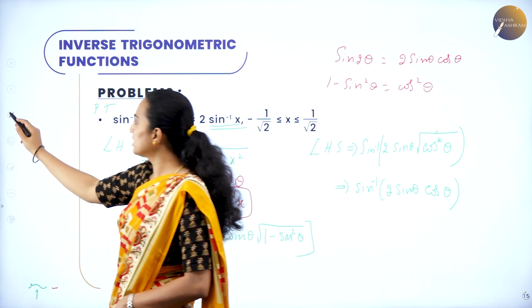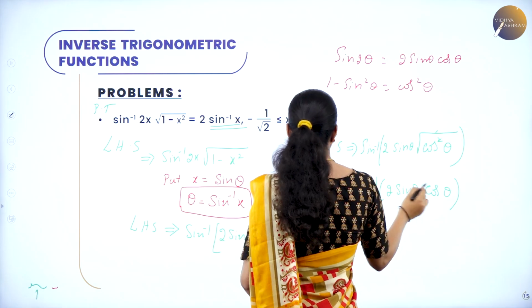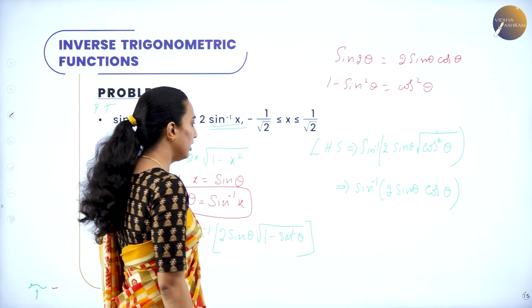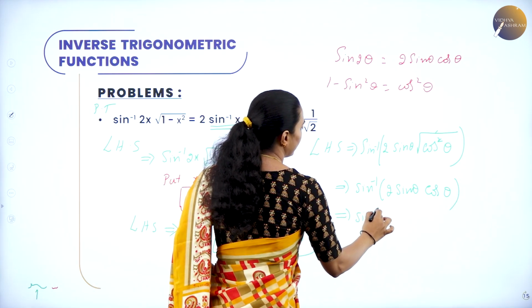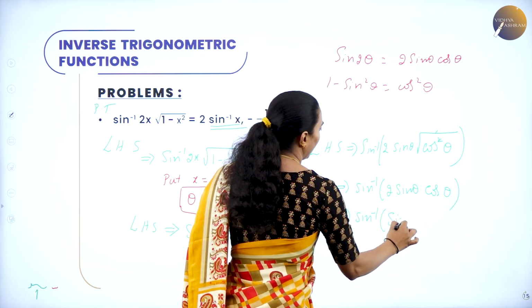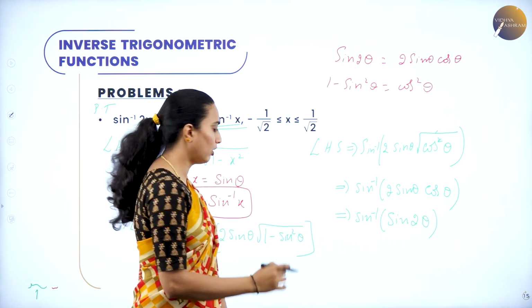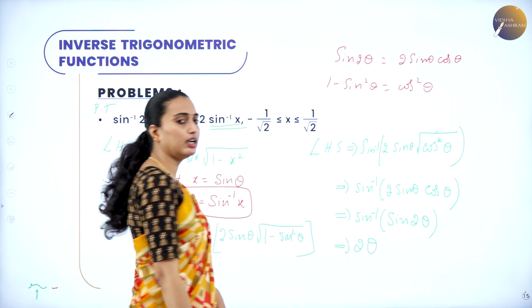Okay. So next we are going to have the proof continuation here. 2 sin theta cos theta can be written as what? Sin 2 theta, isn't it? Therefore, by writing that, sin inverse of sin 2 theta. Sin inverse will go. You are going to remain with what? 2 theta. Now what is theta, dear students?